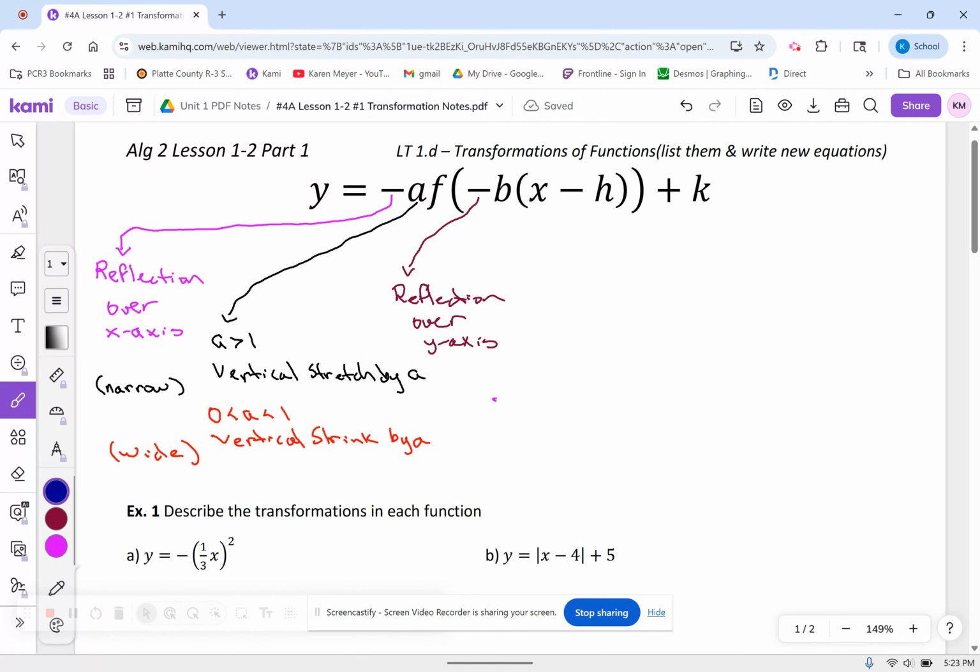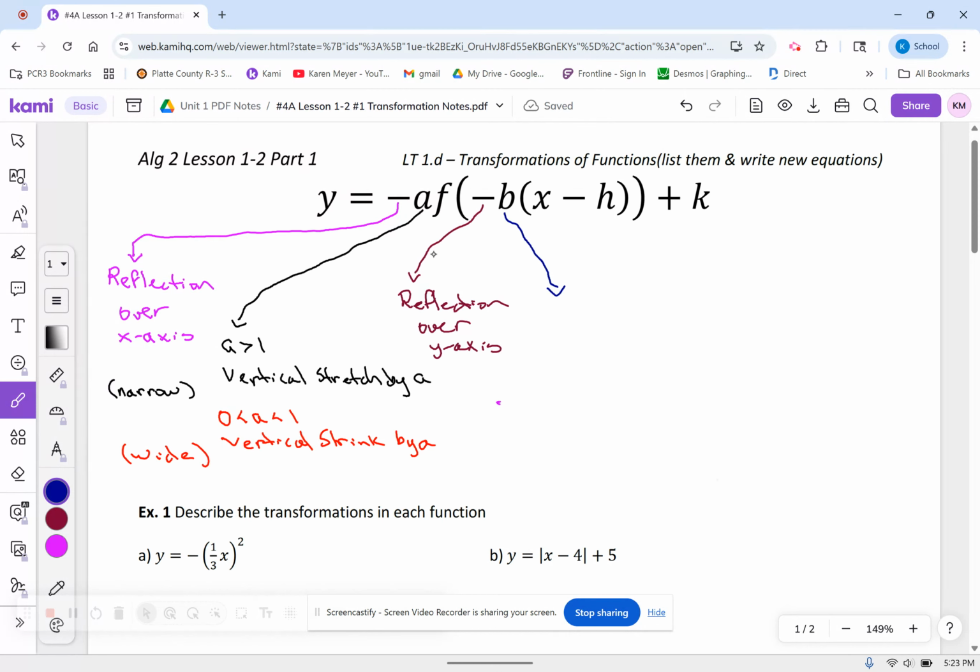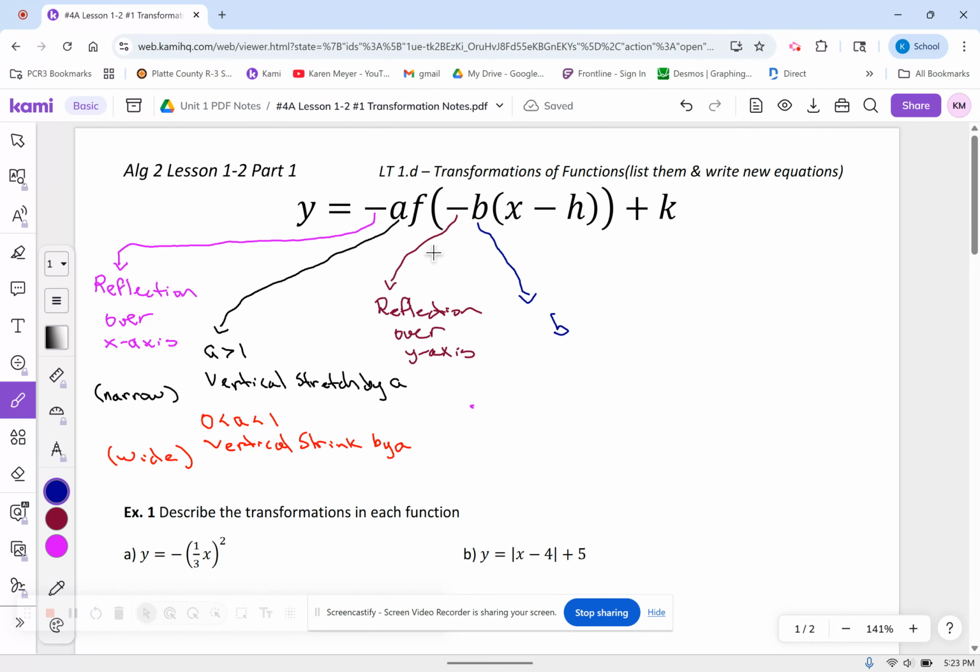Okay. The next thing we have is the letter B, and just like when we talked about A, ignore the negative sign. Don't say it's a negative B, just look at B only. And if B is larger than 1, this is going to end up being opposite of what the vertical stuff is. On the vertical, if A was larger than 1, it was a stretch. But since this is B, this is going to be horizontal, and this would be a horizontal shrink.